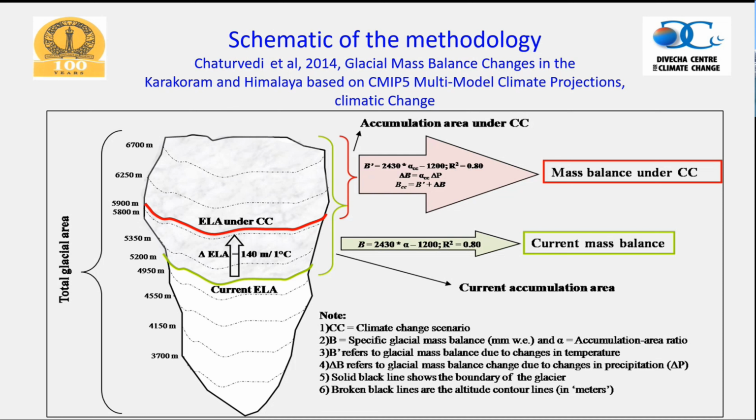This methodology was used by Chaturvedi et al. And that paper was published in Climatic Change. This methodology has two fundamental limitations. First is this change in precipitation is adjusted considering accumulation area.